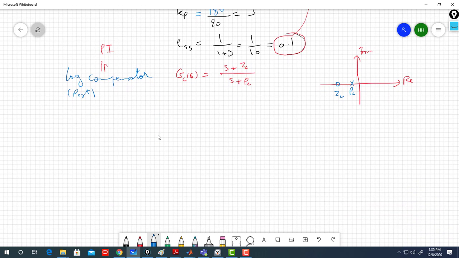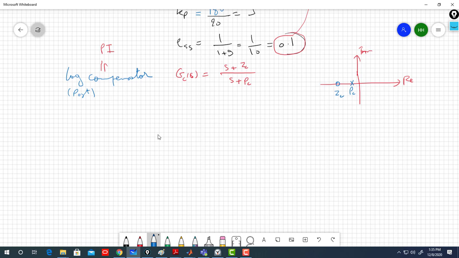Well, if I ask you for a lead compensator, in case we want a lead compensator, it has the same effect as a PD controller, and it is the future. So derivative tells about the future. So lead, that's why we call it a lead compensator.